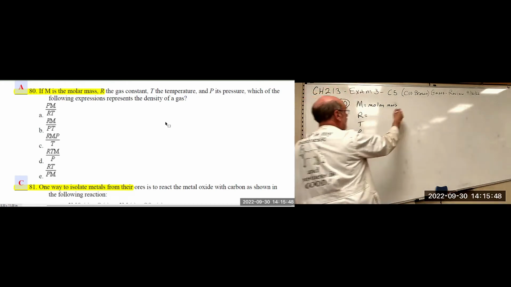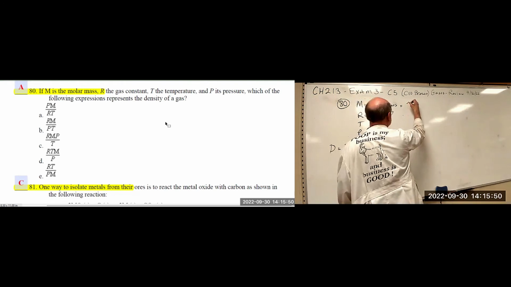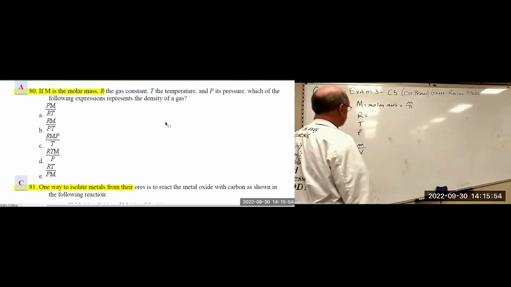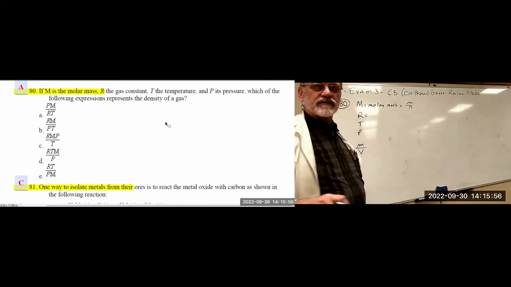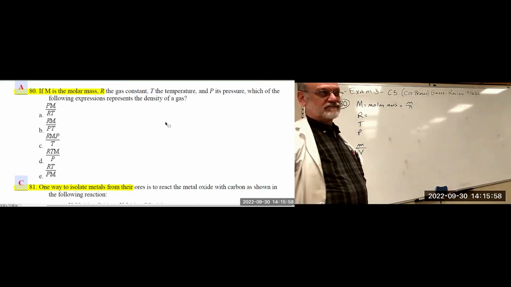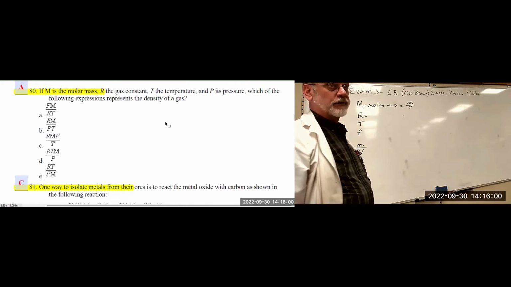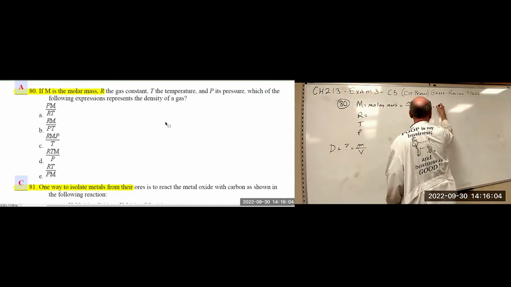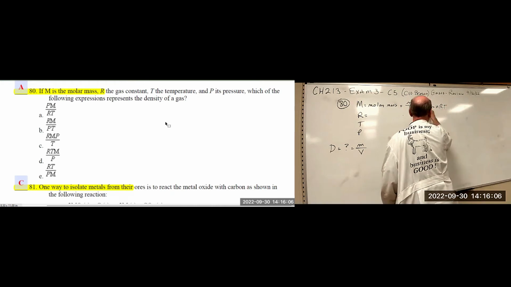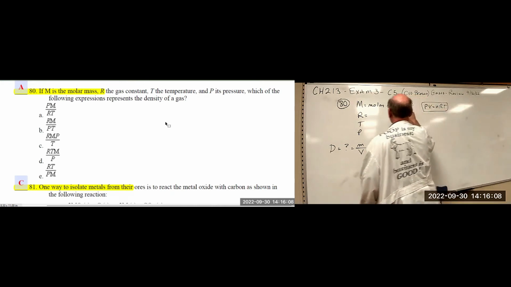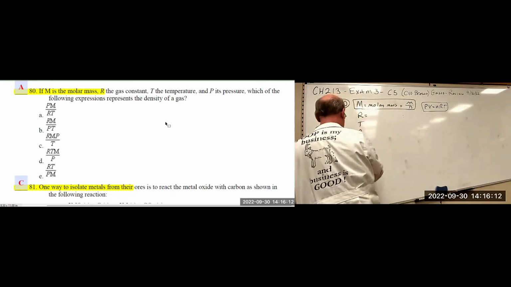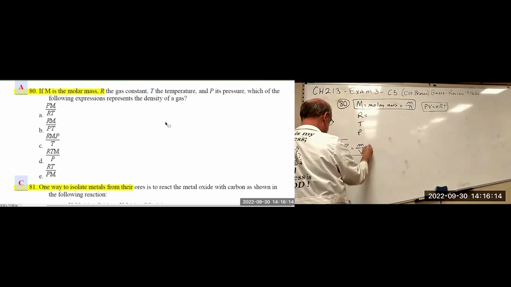Well, we know molar mass equals mass per moles. And since it's a gas, the ideal gas equation is probably in there somewhere. PV equals nRT. So we've got this one, this one, and this one.